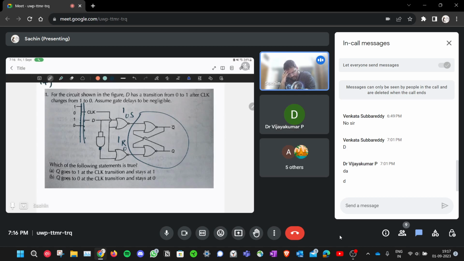If that is true, initially what will happen? Clock is high and D is low. So clock plus D is 1, and you'll have 0 at S. You'll have a 0 here, and then here you'll have D bar is high, clock is high, so you'll have a 0 here.